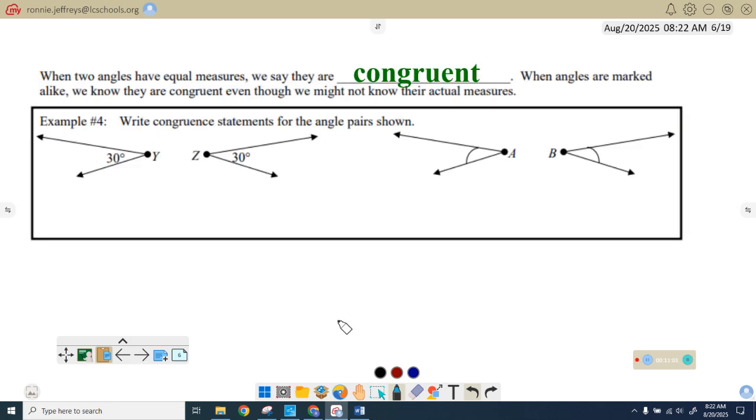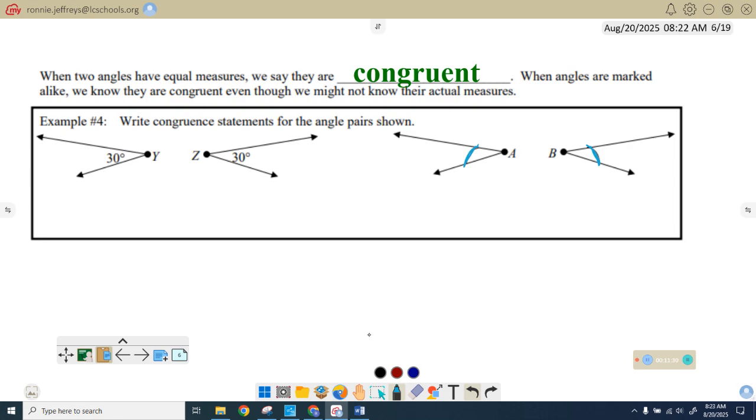All right. Two angles that have equal measure, we say that they are congruent. Okay? When angles are marked alike, we know that they're congruent. I do want to show you this right here. These arcs, just like the hash lines, show that those angles are congruent.